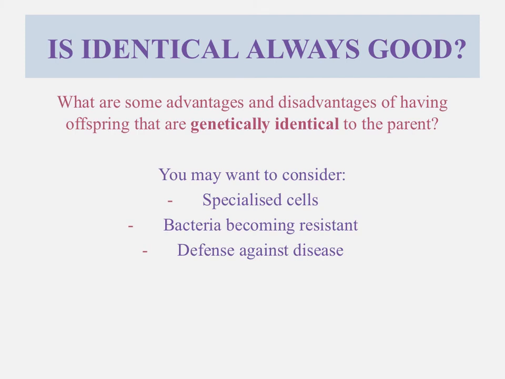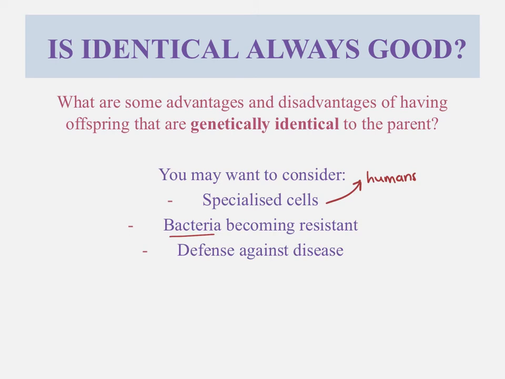Is identical always good? So I would like you to evaluate the advantages and disadvantages of having genetically identical offspring, or that are genetically identical to the parent. And you want to consider those things in purple at the bottom. So specialised cells, bacteria becoming resistant, and defence against diseases. Remember, biology is not just related to humans. So you might want to consider specialised cells in terms of humans, but we've got to think about prokaryotes.